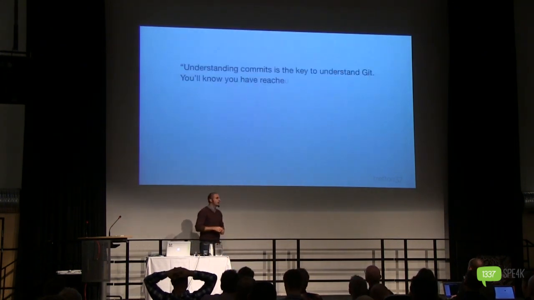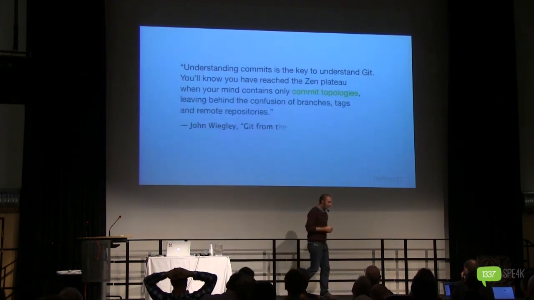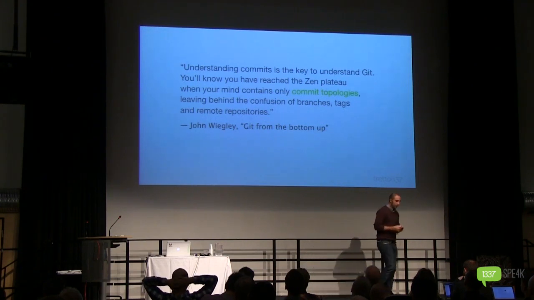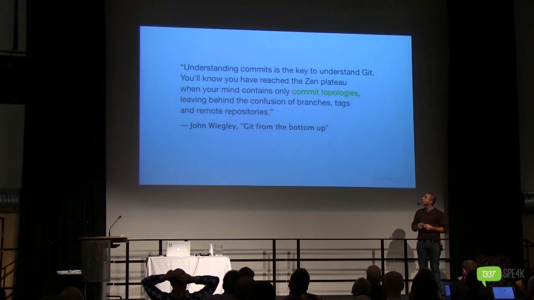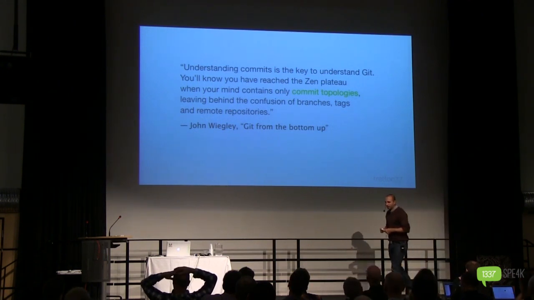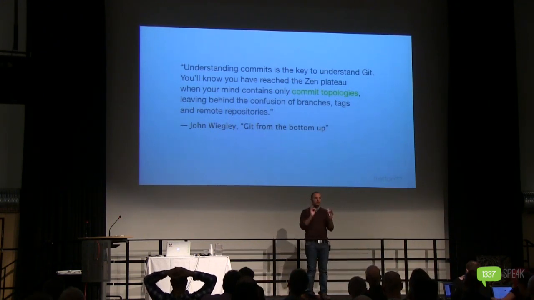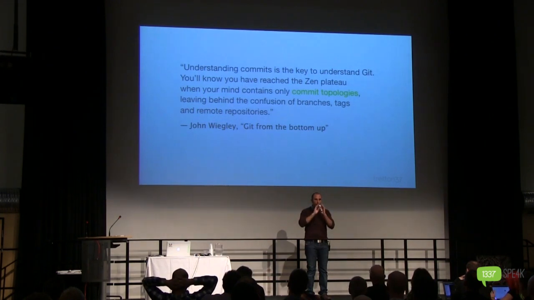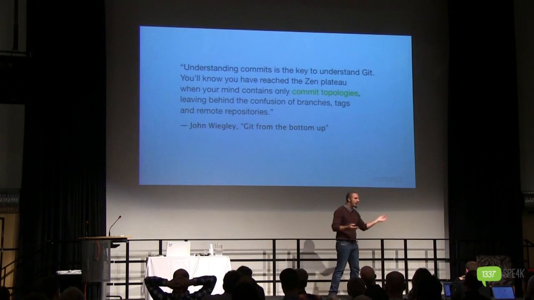So I like to end this presentation with a quote by this gentleman named John Wigley. He wrote a PDF book called Git from the Bottom Up. And that basically is what I'm trying to say here. If you want to reach Git enlightenment, forget about branches, tags, amending, rebasing.